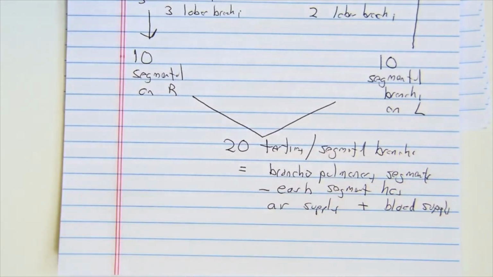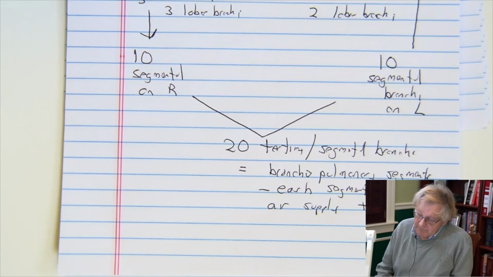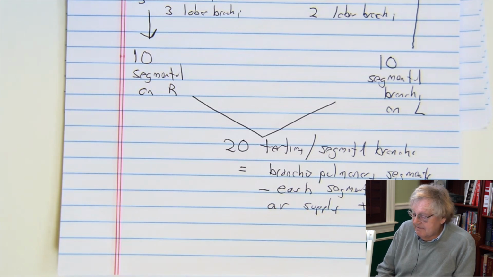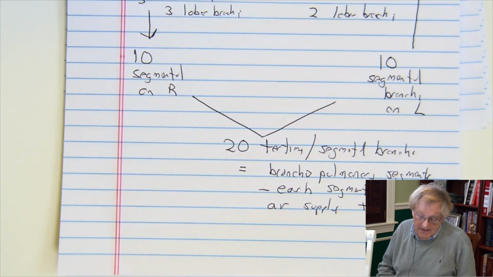So therefore, years ago, when someone had a tumor in their lung, you had to do a pneumonectomy, remove the entire lung. But once they realized that the lung's divided into 10 bronchopulmonary segments on each side, you could literally remove 1, 2, or 3, or 4, as many as you want of those segments, and still have a viable lung on whatever side we had a tumor or a pathology.